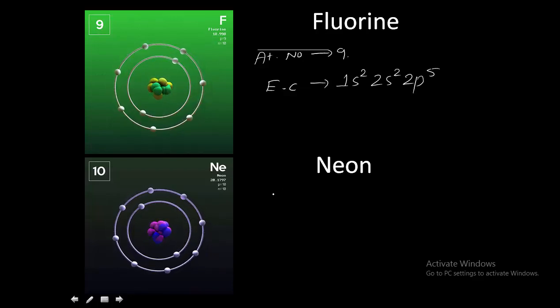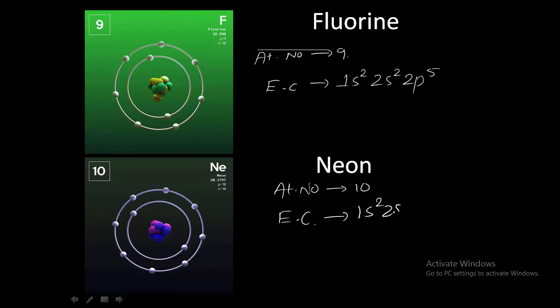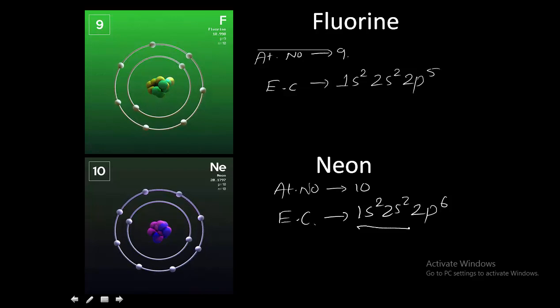And then we will see neon. The atomic number of neon is 10, and thus the electronic configuration will be 1s2, 2s2, 2p6. So this is the electronic configuration of neon.